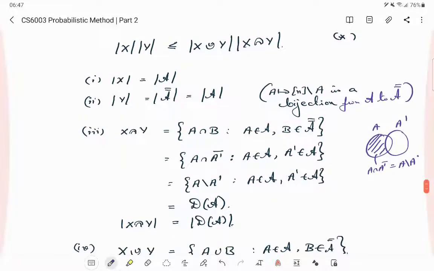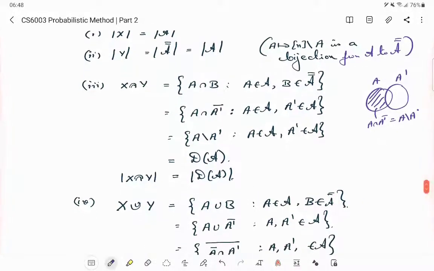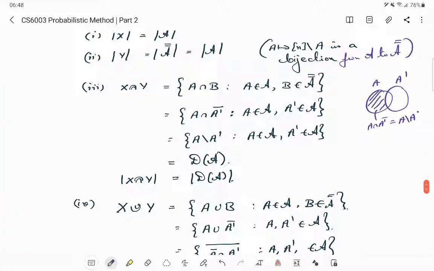The most interesting part of this calculation is how we model the X pairwise union Y. So this is by definition A union B, where A comes from script A and B comes from script A double bar. But again, as before, if B is from script A double bar, it's a complement of some A prime, where A prime comes from A. But now this time it is the union of two sets, right? A union A prime bar.